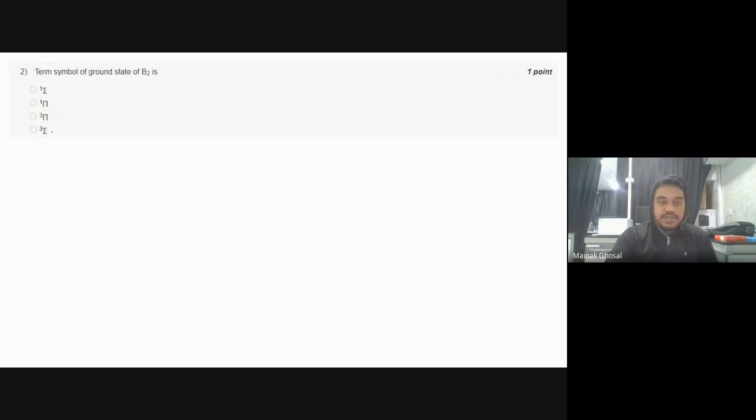Moving to the next question, I promised that I would show you the calculation of the ground state term for B2. For B2 you first need to write the electronic configuration.